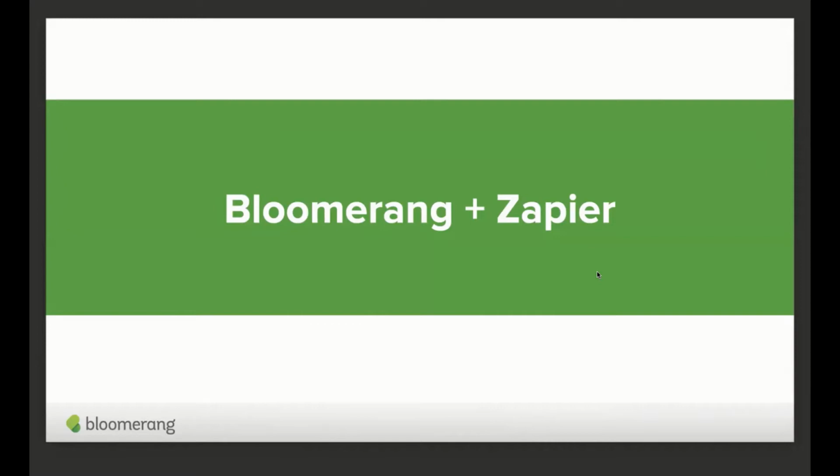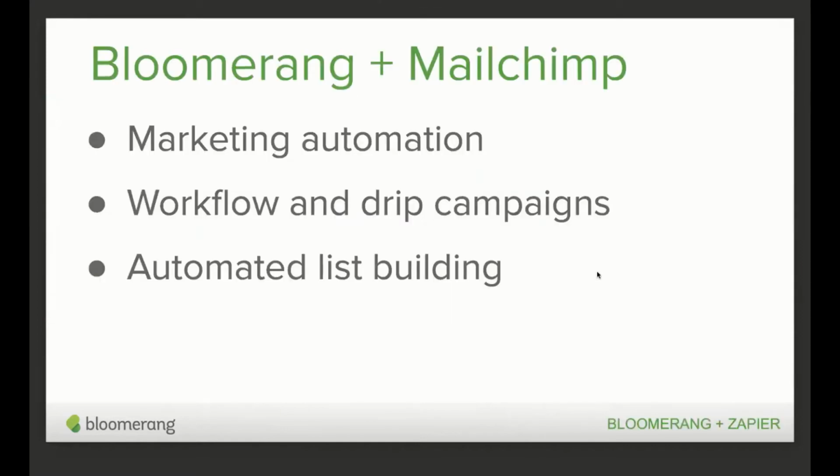But there are other opportunities for integrating Bloomerang and Mailchimp that extend beyond the native integration. And more than anything, this is really kind of creating a real-time sync and being able to automate your communications back out of Mailchimp.